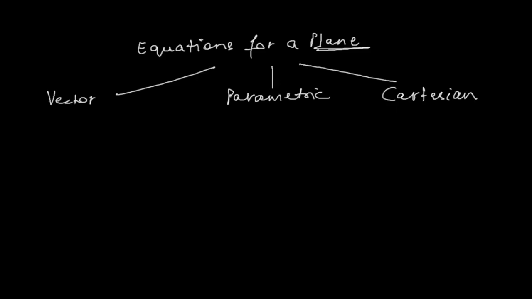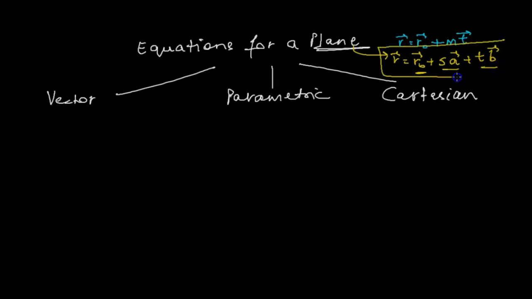If we remember, line equations used to be r equal to r naught with one direction vector. Whereas when we talk about planes, a plane would be r equal to r naught with 2 direction vectors. So this would represent the initial point and these would represent the 2 direction vectors. And this would constitute the vector equation of the plane.